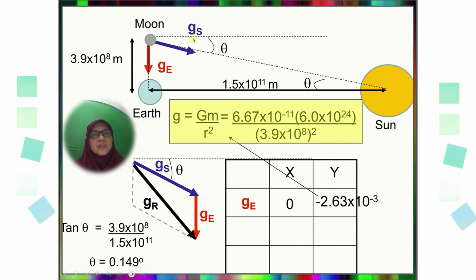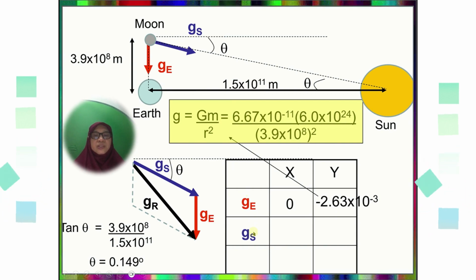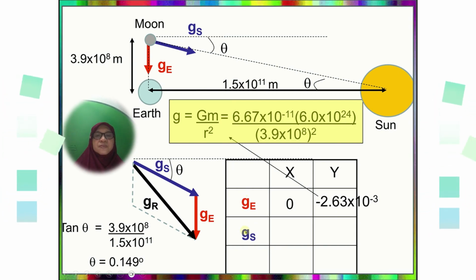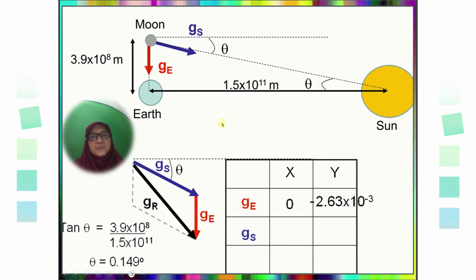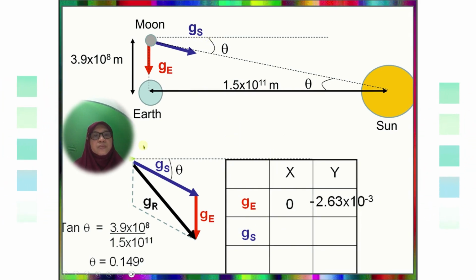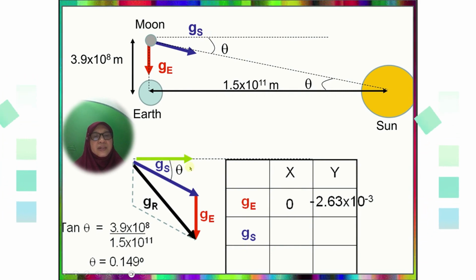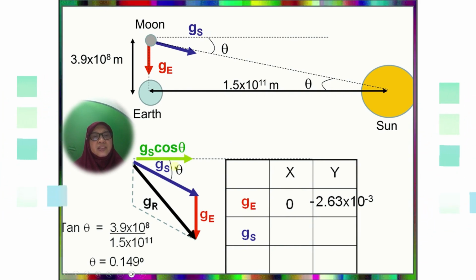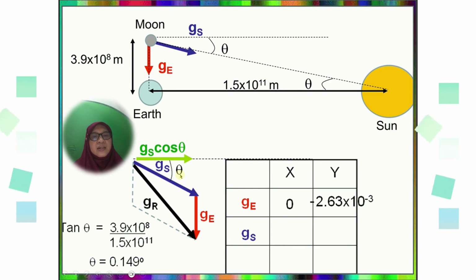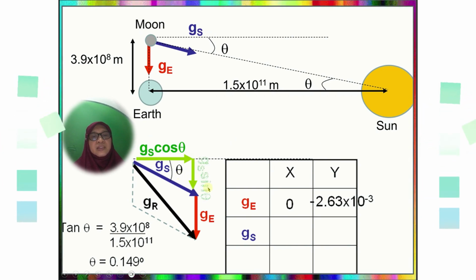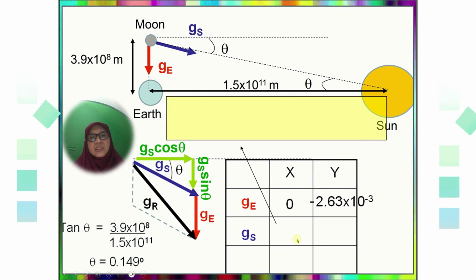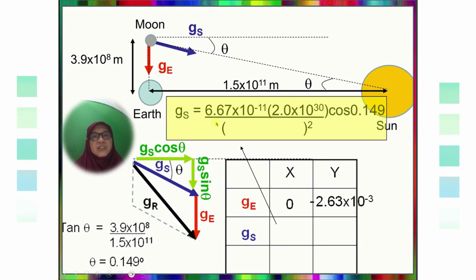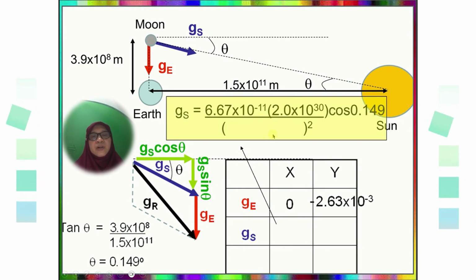We do the same for G sun. So G sun, the gravitational field of the sun, the component along x will be to the right, which is Gs cos theta, and the component along y is Gs sin theta. For Gs, we use the formula GM over r squared.